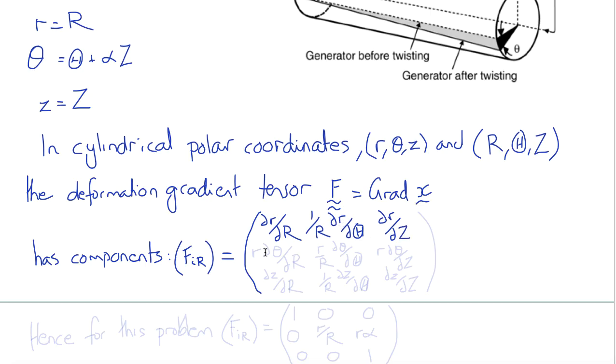Then similarly, instead of being del theta del r here, it's r del theta del R, because an element of length is r d theta.